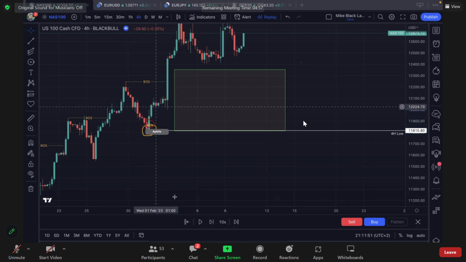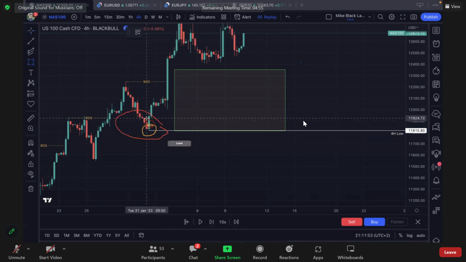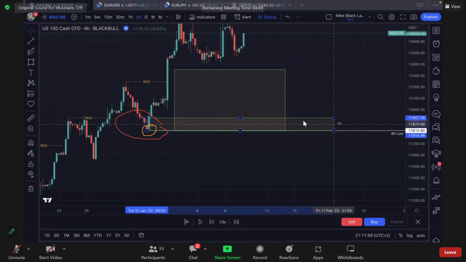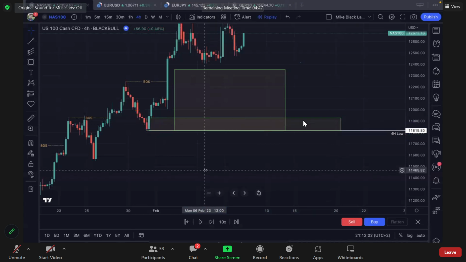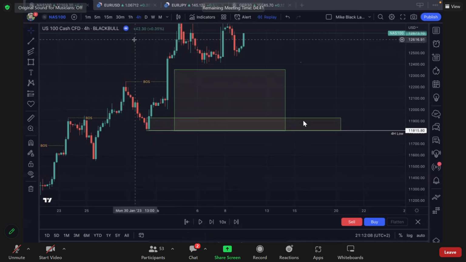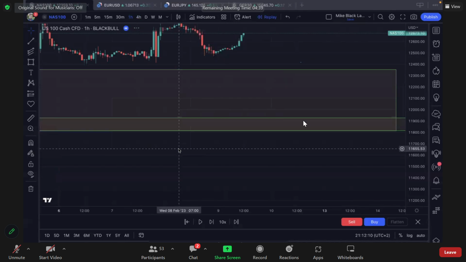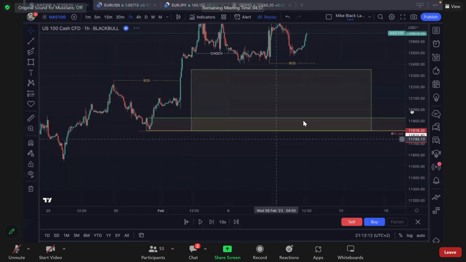So then can we identify in this area, where did the market start pushing from? Yes, so the market started pushing from this area. Okay, and then we have our lower time frame, which should be our 1 hour, let's say. Where did the market start pushing from?